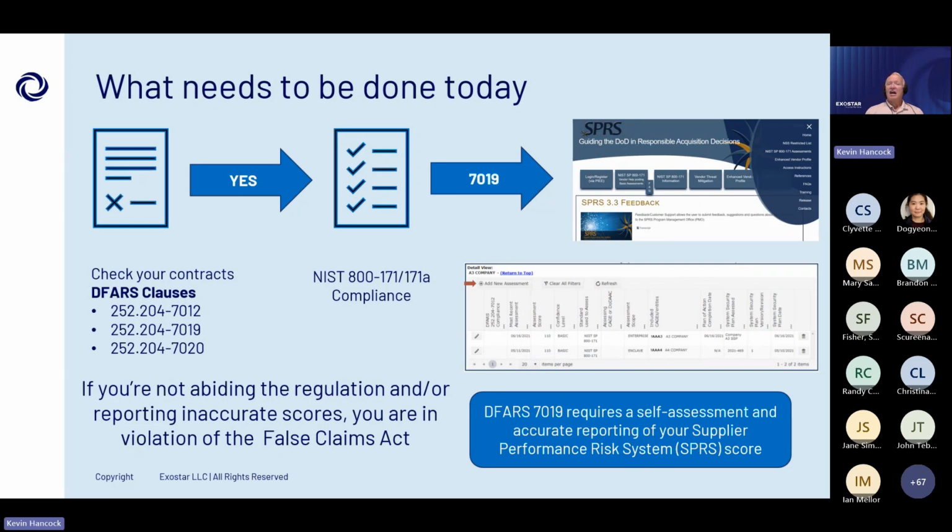Now, it has a lot of other caveats, right? You're allowed to have POAMs, plans of action and milestones, for controls you don't have in place, but you need to understand where you are and know whether or not you're in compliance with a particular control, and you have to have a plan to address a control if you haven't implemented it yet.